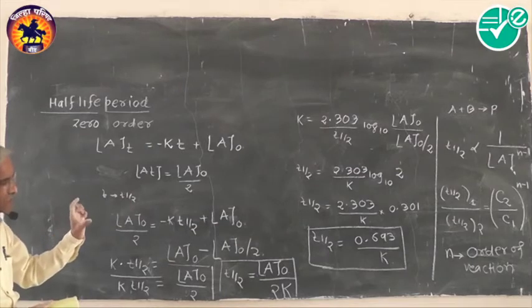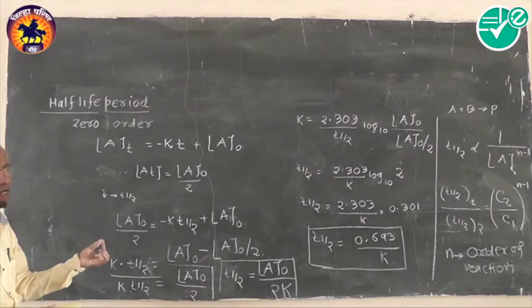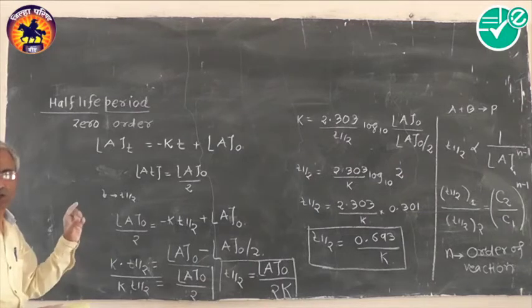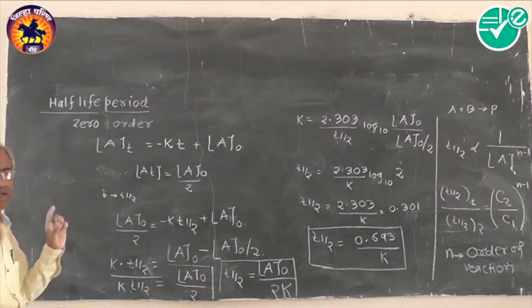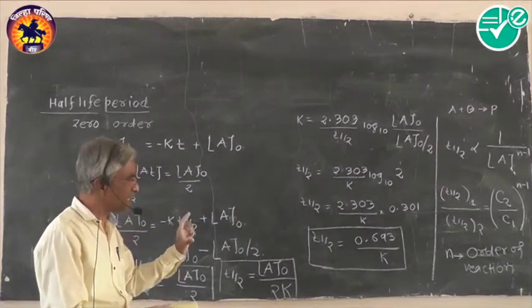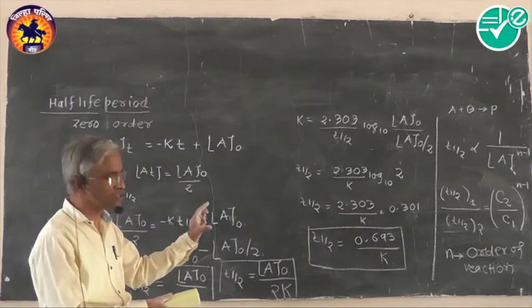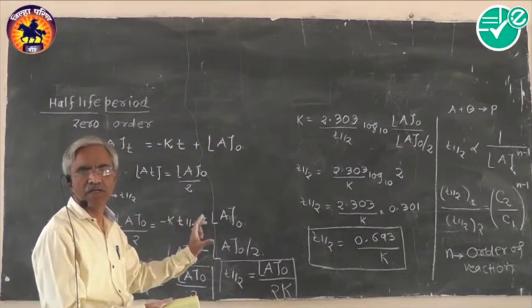And by this mathematical way, that means by using half-life methods also, we can determine the order of the reaction. This way we have studied the half-life method for the determination of order of the reaction.